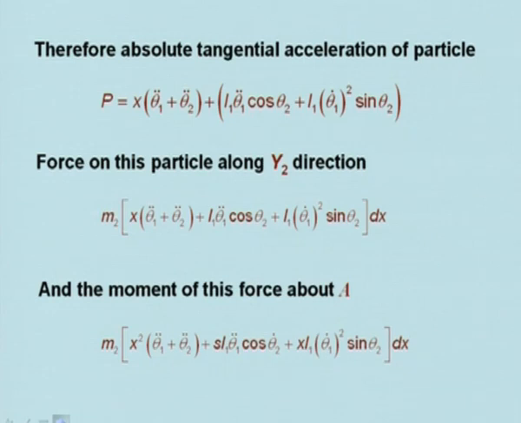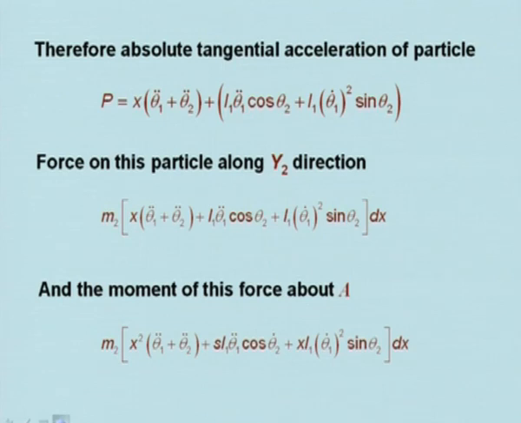Now the absolute tangential acceleration of the particle becomes x theta 1 dot dot plus theta 2 dot dot plus L1 theta 1 dot dot cos theta 2 plus L1 theta 1 dot square sin theta 2. We have to do this because Newton's law can be applied in an inertial frame of reference, and therefore we have to talk about the absolute acceleration.